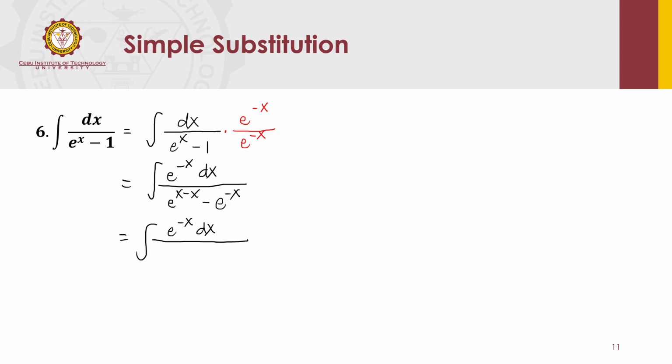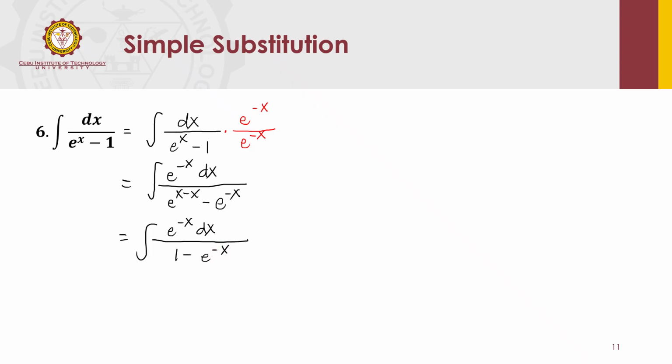So e to the 0 is 1. So naanay ni sa aka nga e to the negative x beside your dx. Okay ra na nawala si positive x nga exponent and replace with negative x. Anyway, when it appears in the numerator, it is same as this.